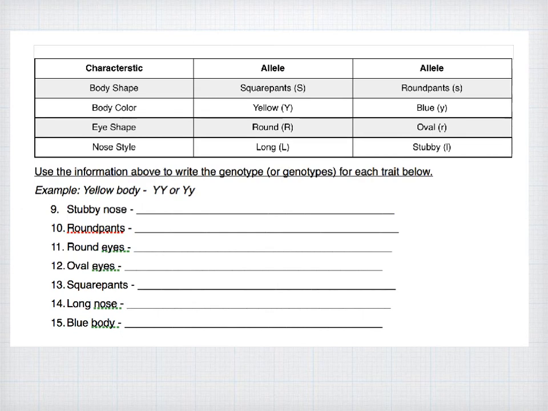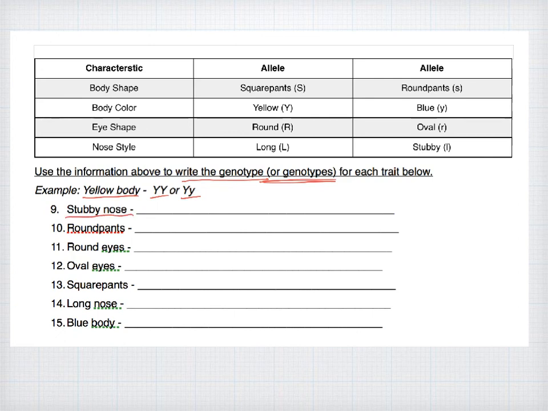Okay, for these examples, we're going to write the genotype or genotypes for each trait shown below. A yellow body. So we look at body color. Yellow is dominant to blue. So if it was yellow, it could either be homozygous dominant or heterozygous, because both of those, since they have at least one of the dominant alleles, would be expressed with a yellow body.